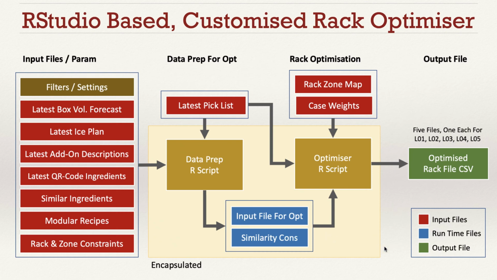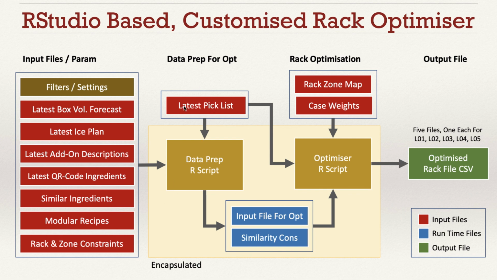The solution that I have created for this client is an end-to-end, highly customized solution for them. It has flexibility within their organization, but this is not something created for multiple organizations. It's heavily customized. As you can see, they have many input files, some on the forecast, some with details of their metadata, some modular recipes, some the design of their rack plans, and others a pick list.